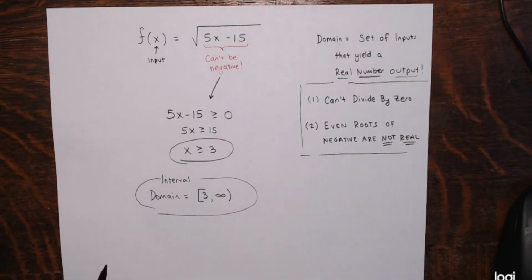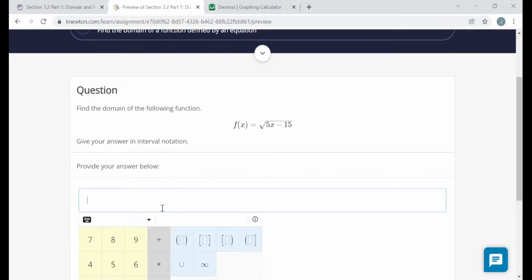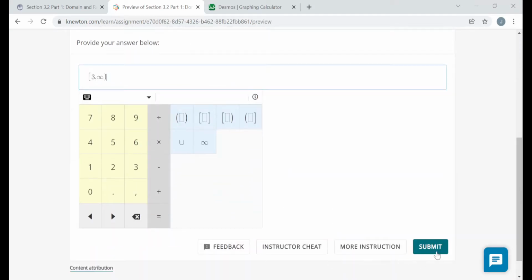Can't be negative. Alright. So back here, the interval notation we're asked to enter is a left bracket, 3 comma infinity, and then a parenthesis. Those are all the values I can plug in for x and get a real number output.